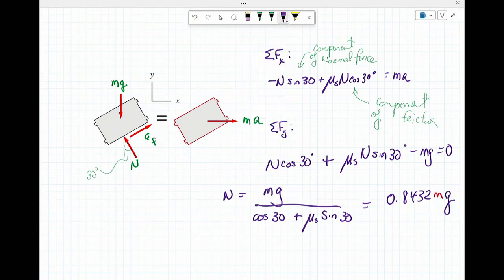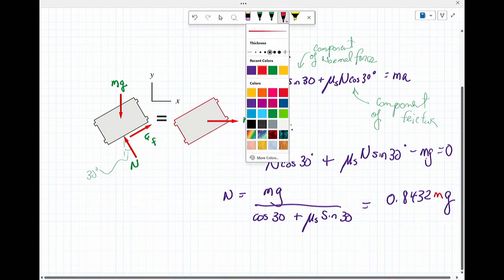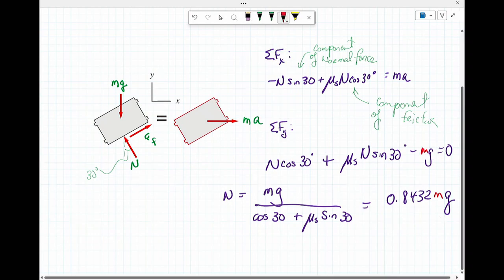Now again, I'm not given mass, so I'm just leaving it as a variable. And it's reasonable to do so. Remember, I don't know how much mass is.